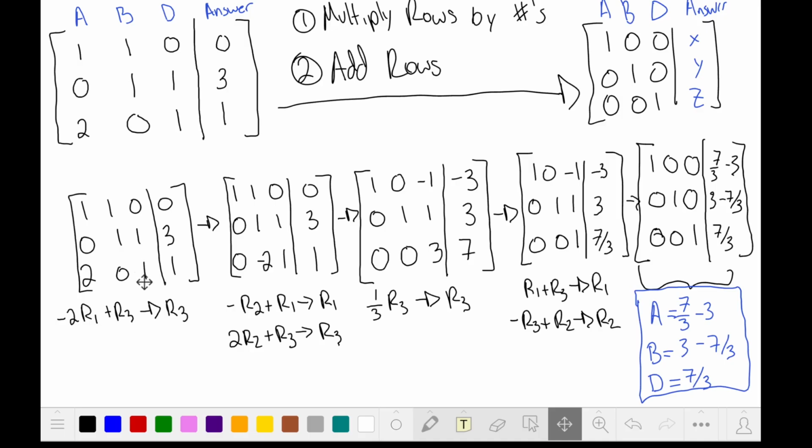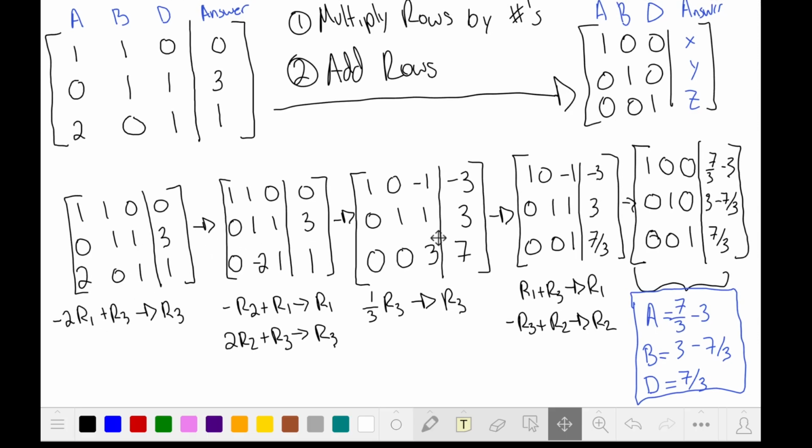And we're doing this whole making of zeros by multiplying rows by specific numbers and then adding them to other rows. So remember, if you don't like doing the substitution and you'd rather do addition and multiplication, we can also do that as well. So that's our little crash course on how to solve a system of linear equations using matrices.